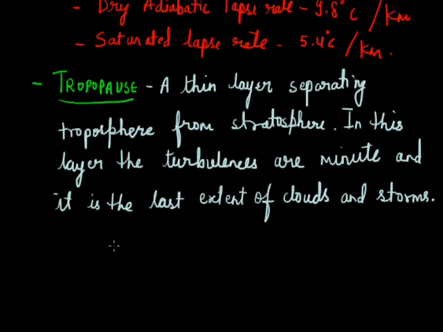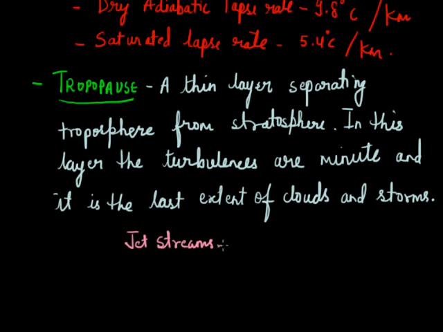Because of its different features and properties, there exists a different kind of wind movement in this zone, which is popularly known as jet streams. In the lower section, that is the troposphere, we found that the temperature decreases with the height. But in tropopause and in stratosphere, the layer just above tropopause, the temperature rather starts increasing with the altitude.